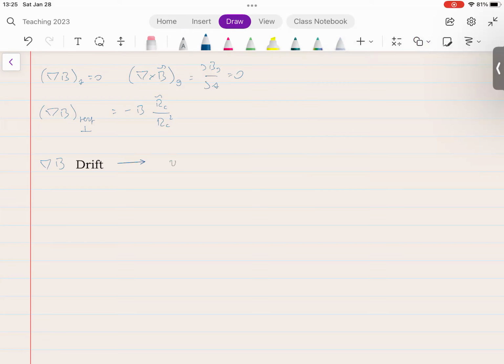We're going to have V sub grad B, which is the same as V sub D. That's another notation that may occur. I'm going to write it as a vector.